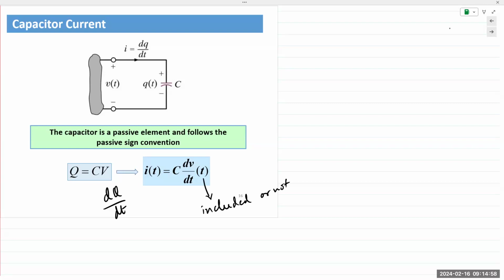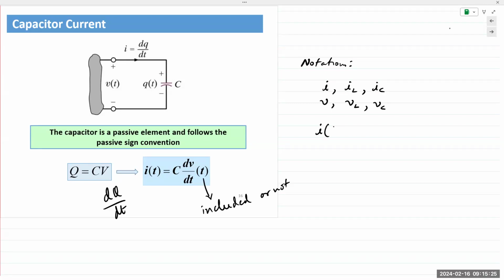Oftentimes, we take it one step further. There could be multiple inductors and multiple capacitors in a circuit. So notations could change depending on the number of components. The notations could be simply I or IL or IC. Similarly, it could be V, VL, or VC. It will also be described as a function of time.